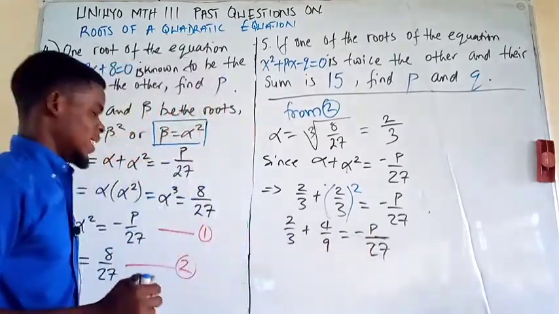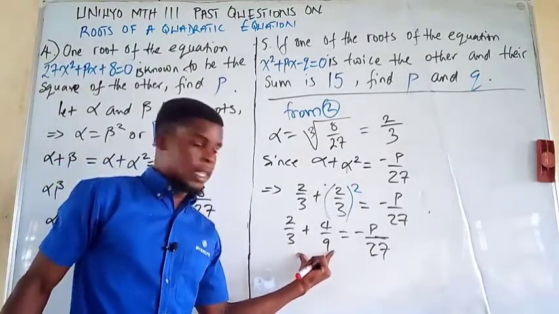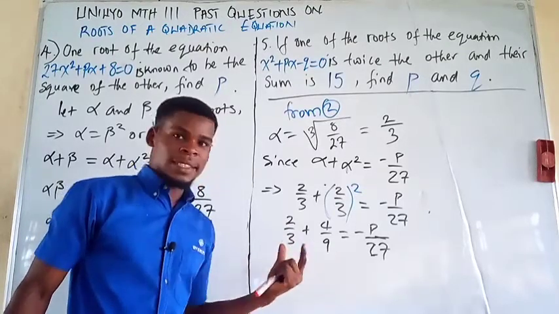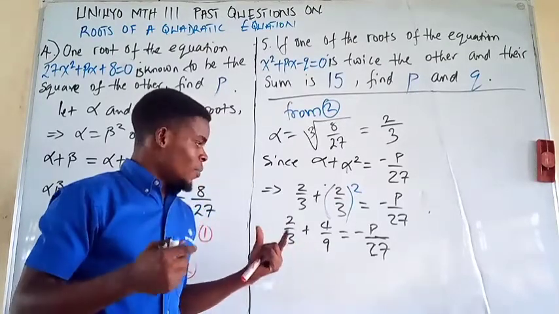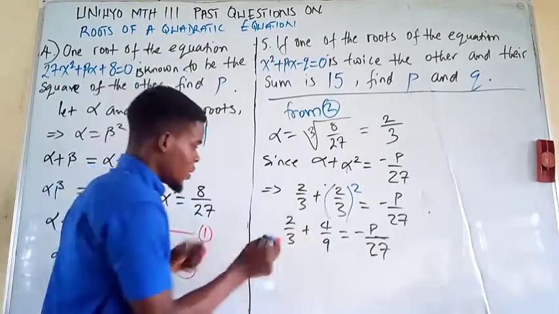I would like to sum up the fractions on the left-hand side. By summing them up, I will need a common denominator, and I'm going to do it by multiplying this other fraction by 3.